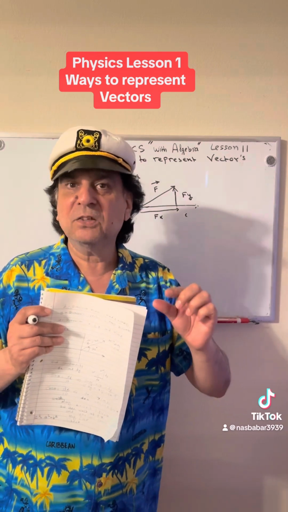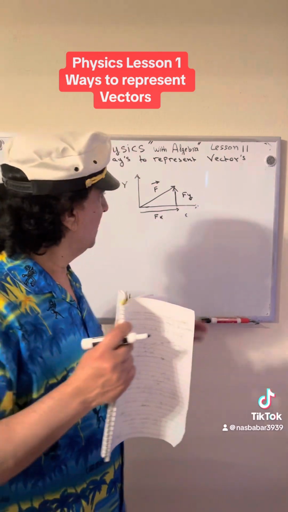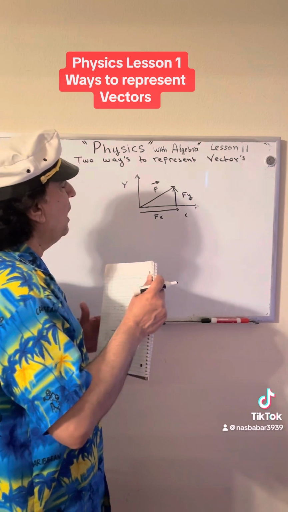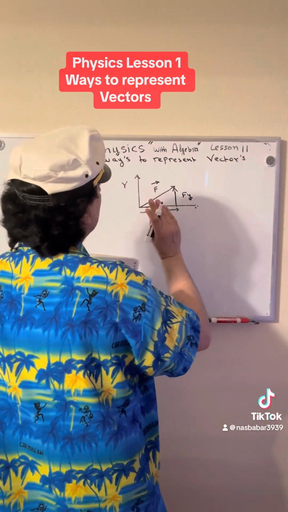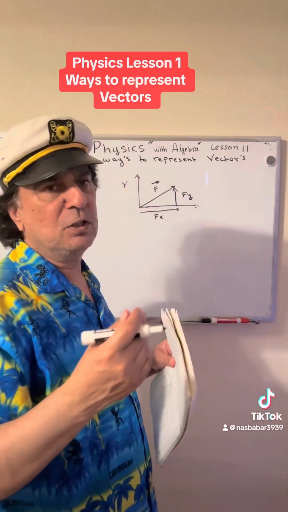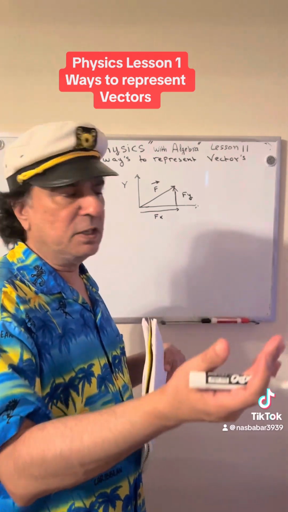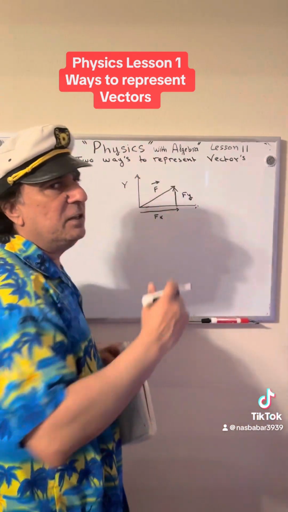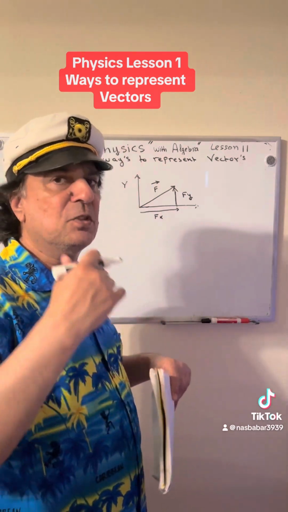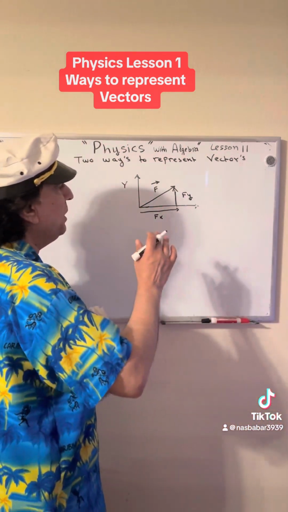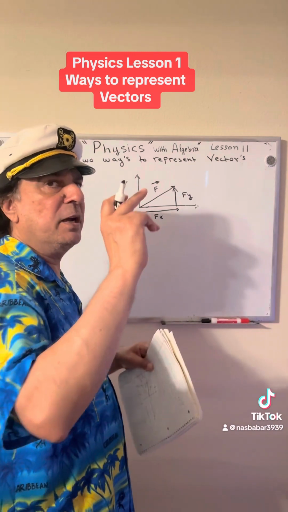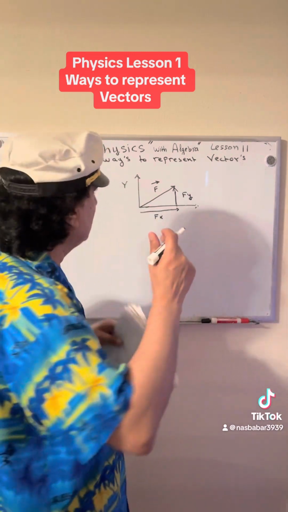Angles, cosines, sines have to be involved. But as of right now, I'm just going to say Fx. In reality, Fx is equal to F times the cosine of a certain angle. Fy is F times the sine of some angle, but I'm going to show you that in my next lecture with an example.